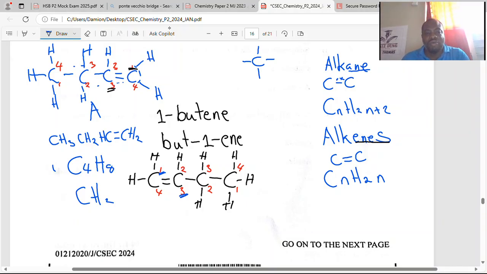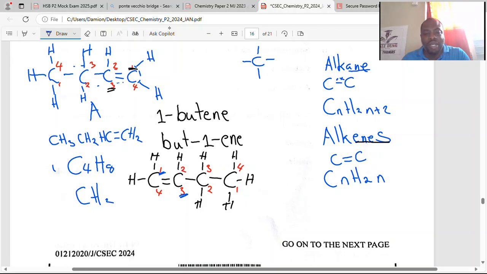And so the rule is we always ensure the functional group, in this case the double bond, gets preference. And you can write this down: if you end up with a branch on an alkene, the double bond gets preference over the branch.